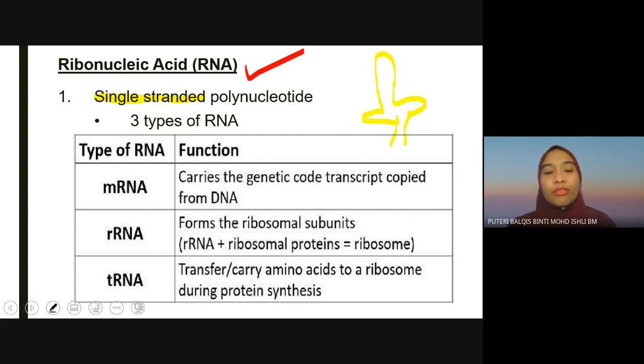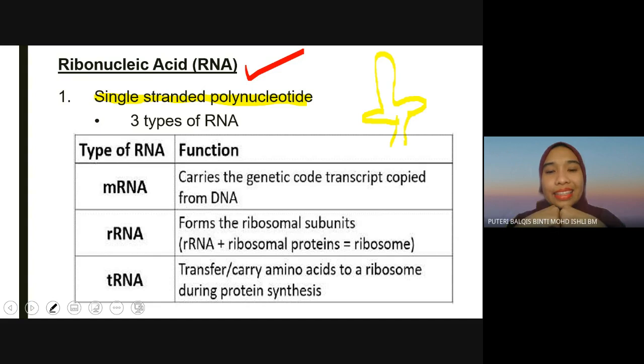Tapi kalau dia full, nanti kita belajarlah kenapa dia full, topik 6 nanti. Kalau dia tak full, dia adalah single stranded polynucleotide. So bila single stranded, dia tak ada pasangan.